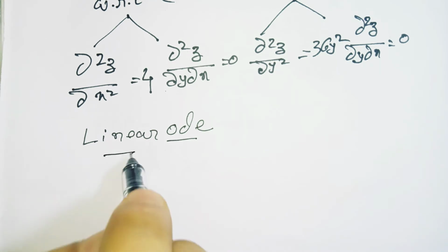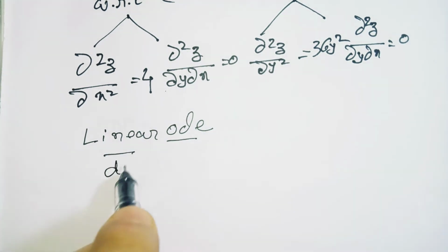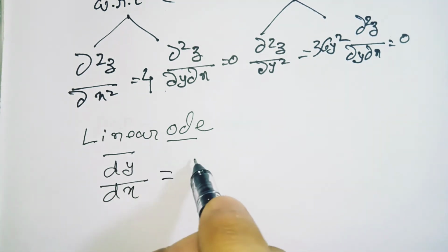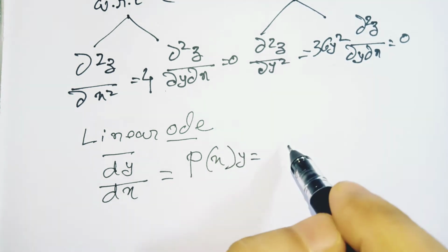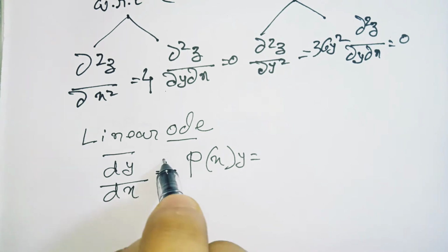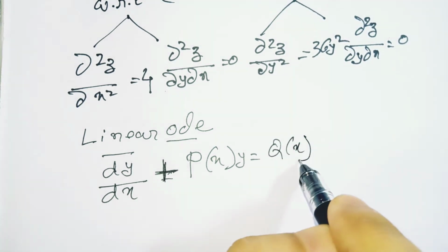So it would look like dy by dx plus p(x)y equals q(x), right?